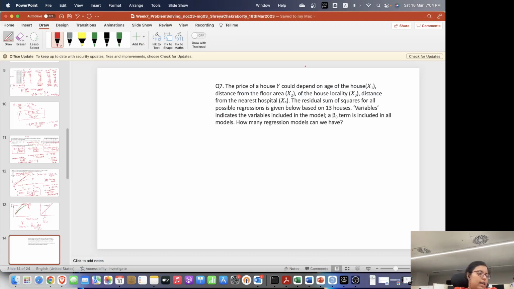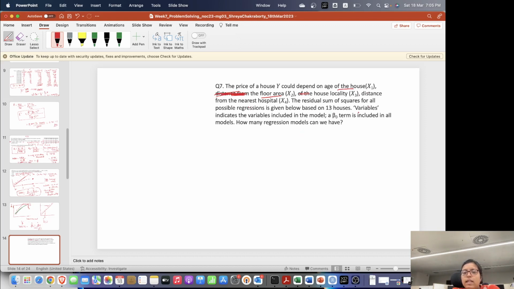So here they are saying that the price of a house could depend on the age of the house, distance from the floor, the floor area, the locality, and distance from the nearest hospital. So these are 4 parameters on which the price of a house could depend.